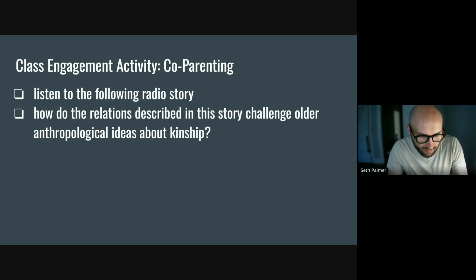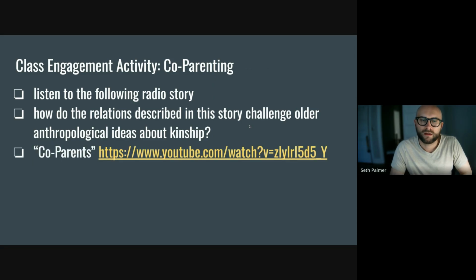Specifically, I'd like you to think about the kinship chart, right, that showed two people who are joined by marriage and who have children. How does this story challenge that? Or maybe it doesn't, right? What does it tell us about, and how does it fit or not fit into the anthropological model for a family tree or kinship charts?